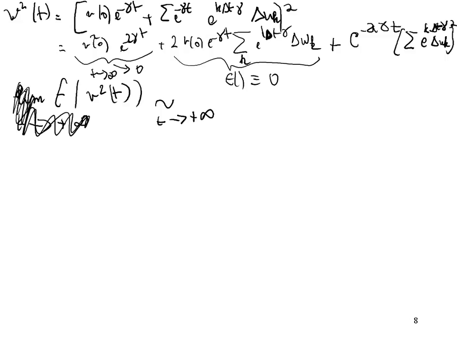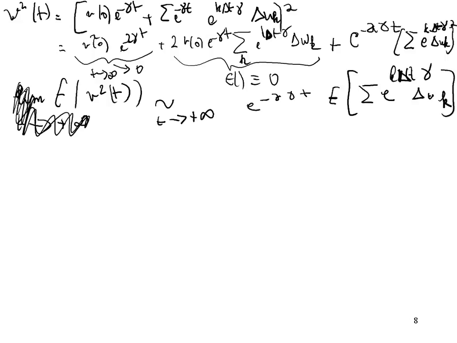So this is going to be of the order of exponential minus 2 gamma t. And now what we need is to calculate the expectation of the sum of exponential k delta t gamma d omega k, and everything is squared.